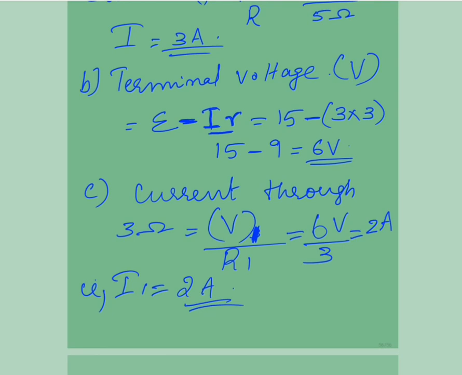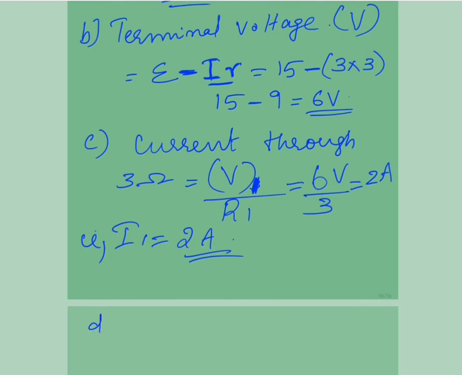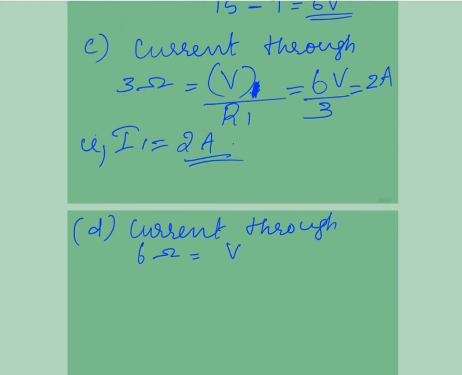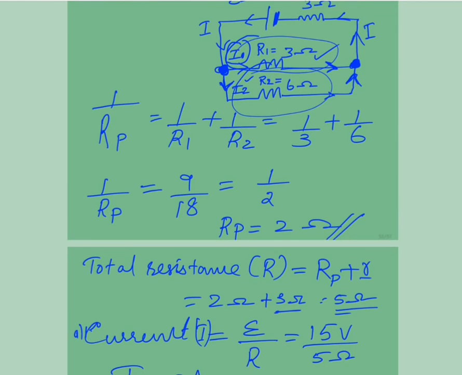Then current passing through 6 ohm resistor can be easily found out by finding the voltage across 6 ohm, that is V2, divided by the resistance R2. R2 is actually 6 ohm. You can see R2 is 6 ohm. So for finding I2, you just have to divide voltage across 6 ohm by 6 ohm.